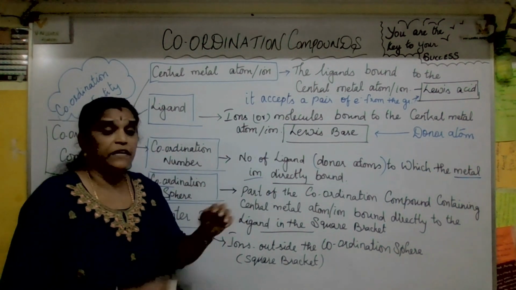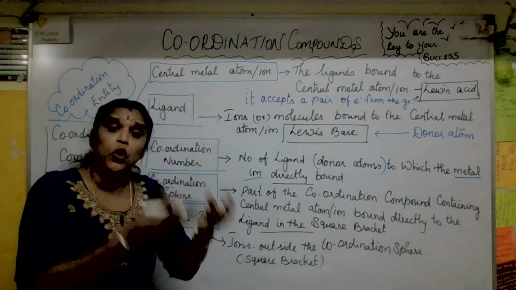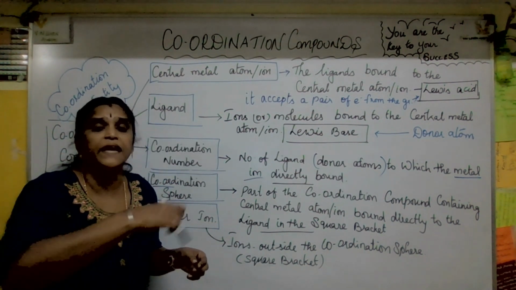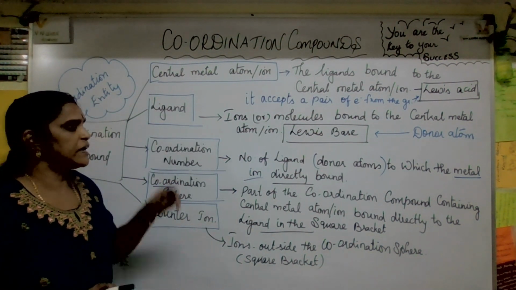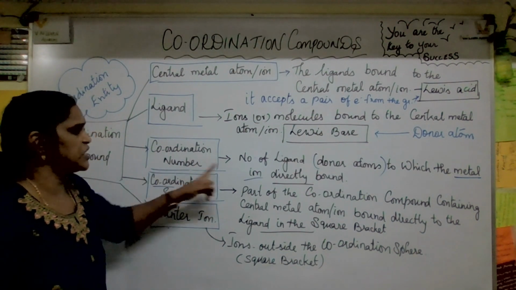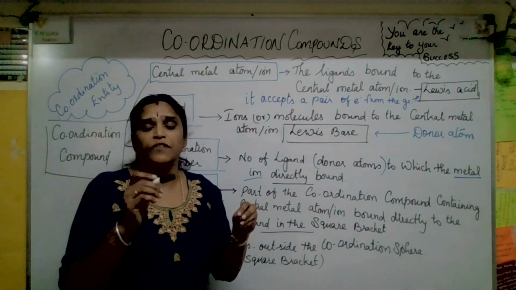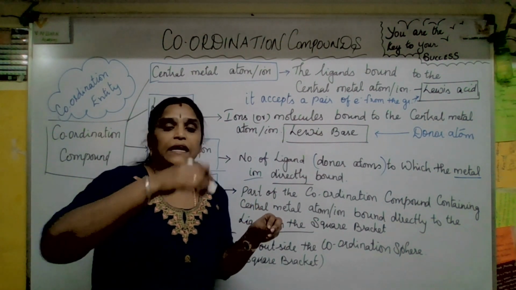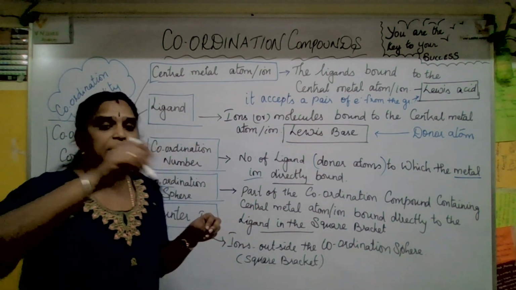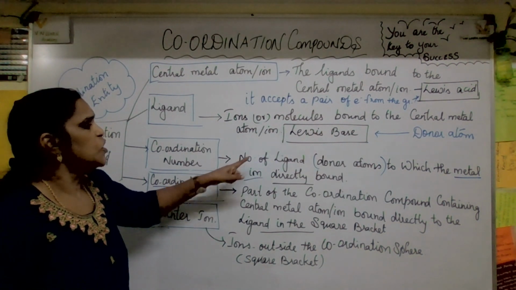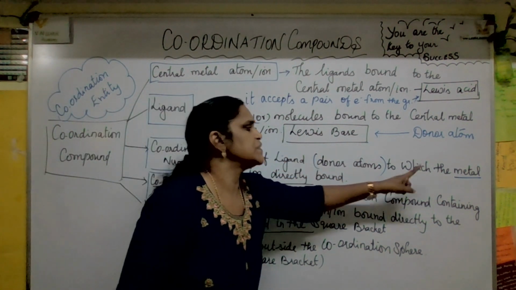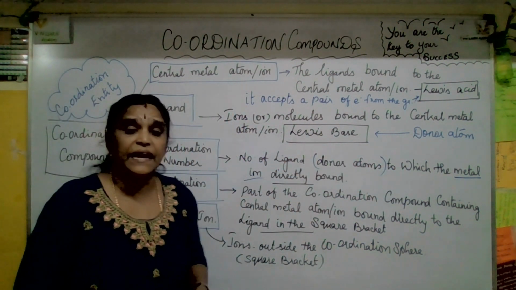The number of ligand donor atoms, that means how many donor atoms surround the central metal ion or atom. That is the coordination number: the number of ligand donor atoms to which the metal ion is directly bound.